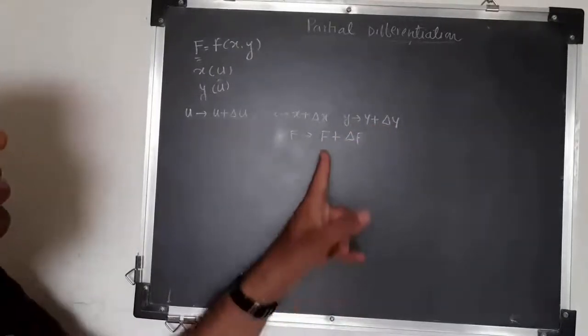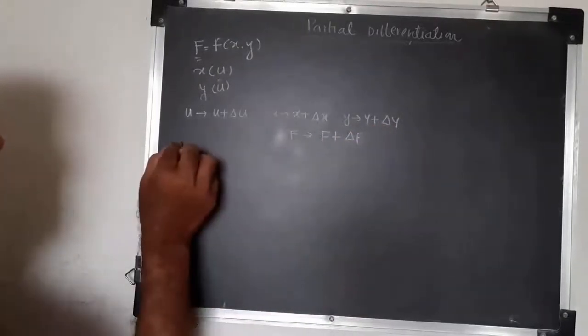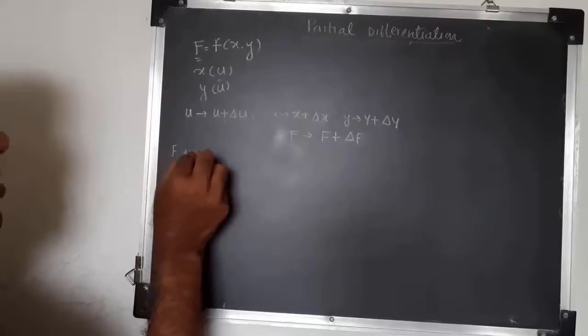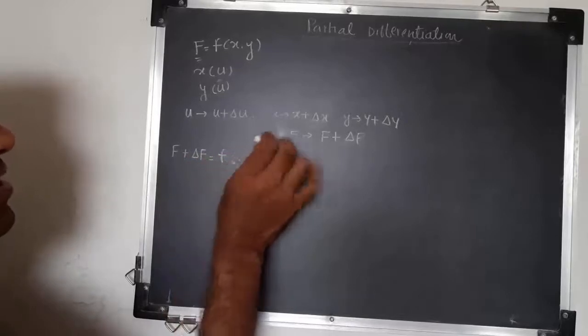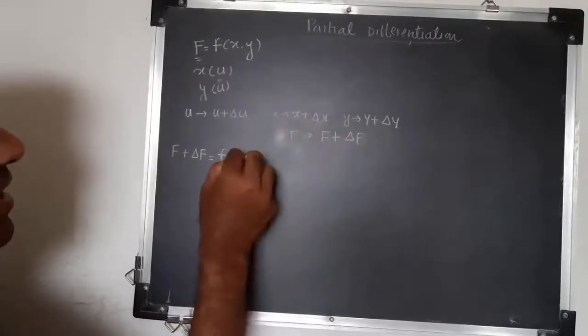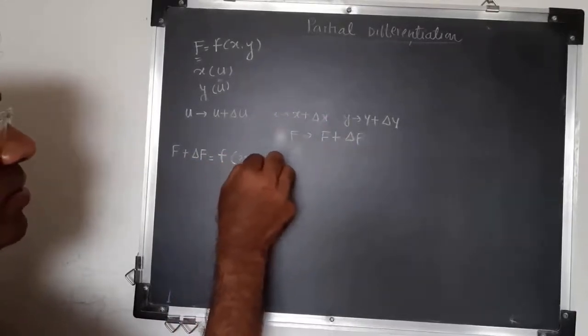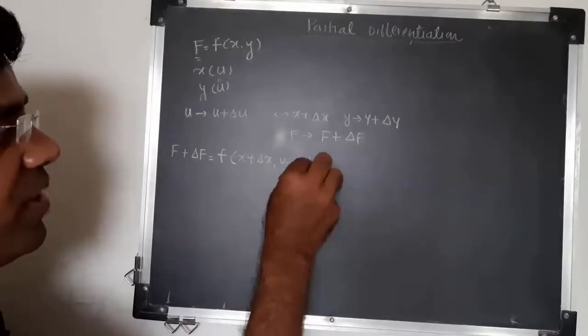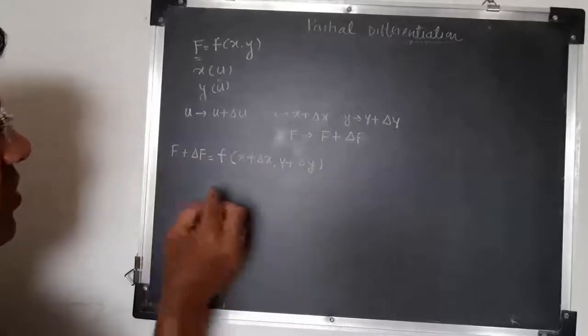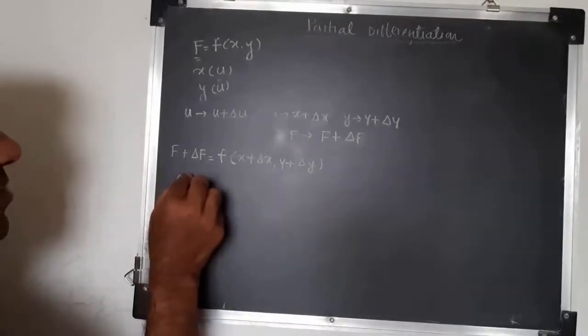Okay, so this we can write over here. So this is f plus your delta f, which is nothing but f of x plus delta x comma y plus delta y. Now I will take delta f over here. Same process as last time you have seen. So delta f is f of x plus delta x, y plus delta y, minus f of x, y. Here f is a function of x and y, so we keep y constant and add and subtract one term, as last time you have seen.